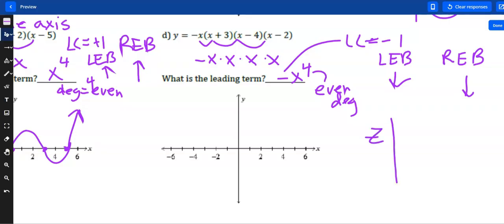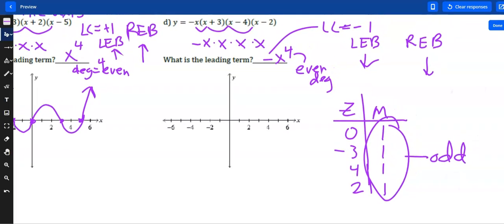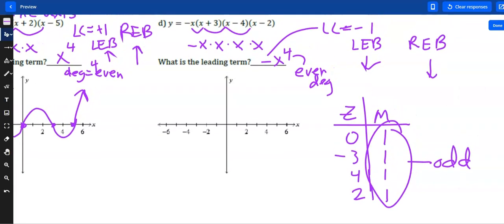Now let's see, zeros and multiplicities. Looks like I've got 0 one time, -3 one time, 4 one time, and 2 one time. Okay, so they're all odds, right? All odds, so that means they all cut through the axis. So far, we still haven't seen one of them.